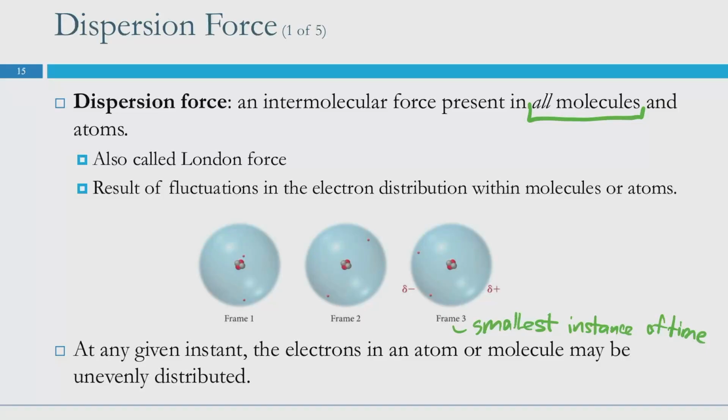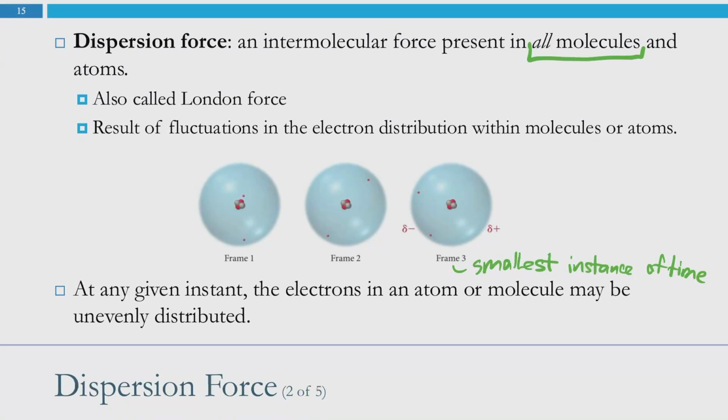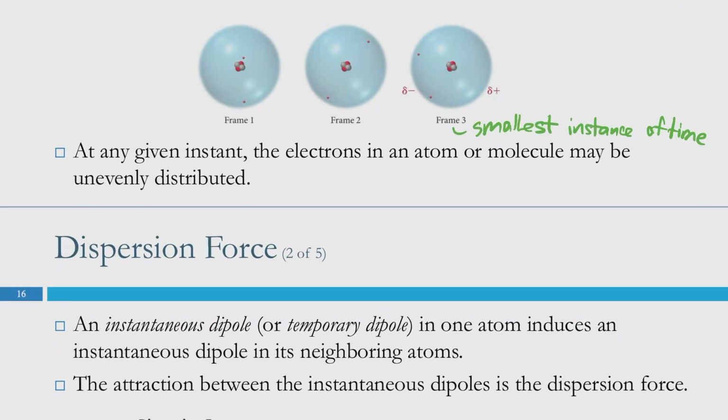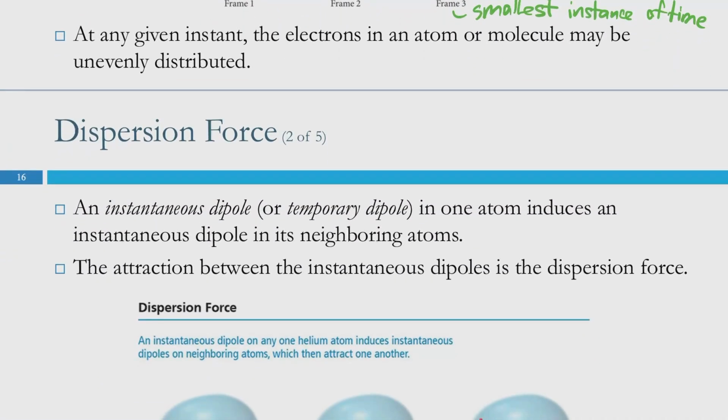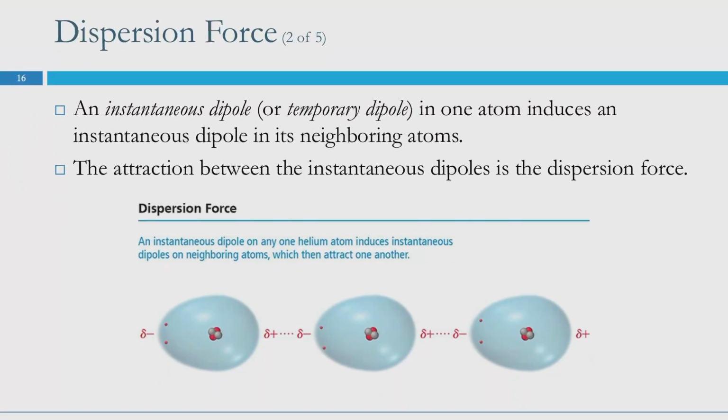And then it might have come back and gone away another 100 times. But it's these moments, like in frame 3, that cause the dispersion force, or that are the reason that they're a little bit sticky. But because it's around for such a short amount of time, we call it an instantaneous dipole. And that also makes it really, really weak, because it's not even there all the time.